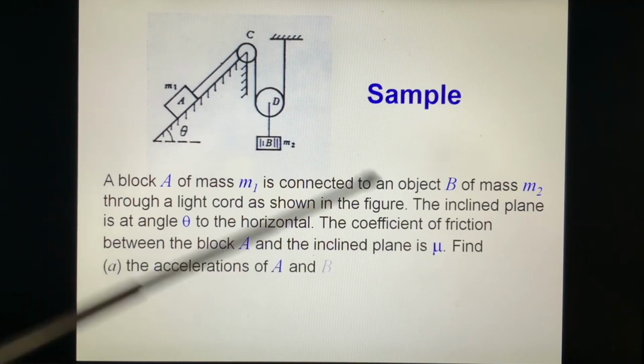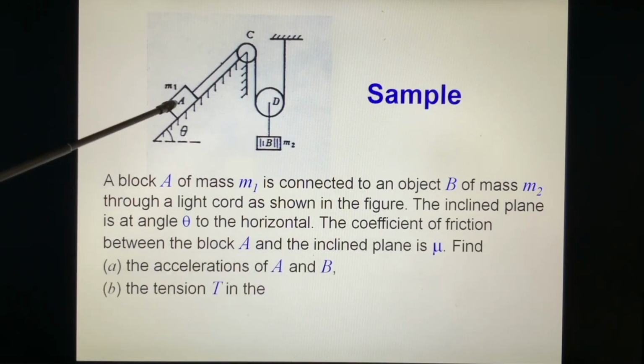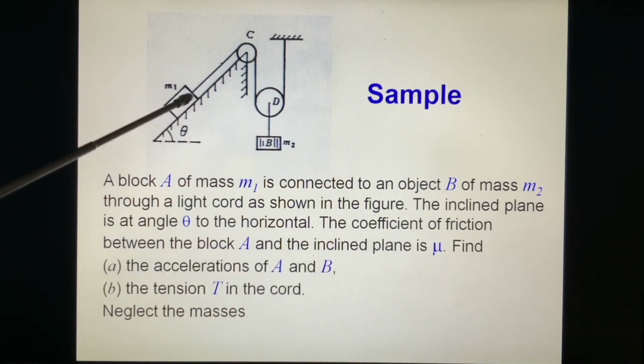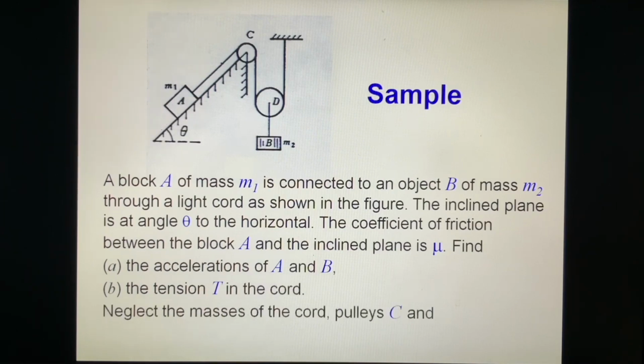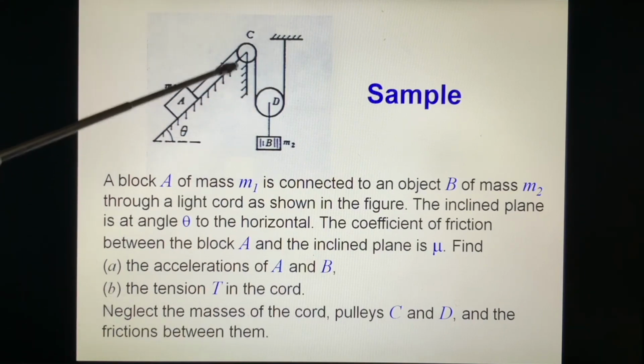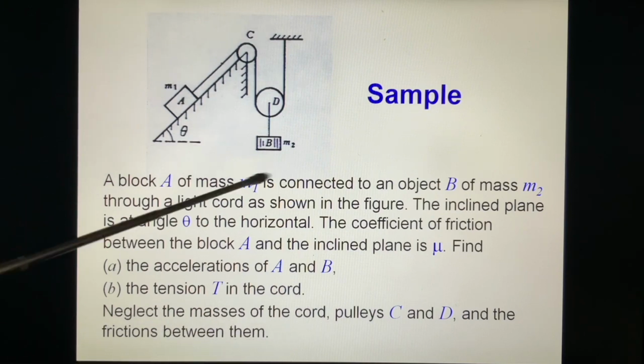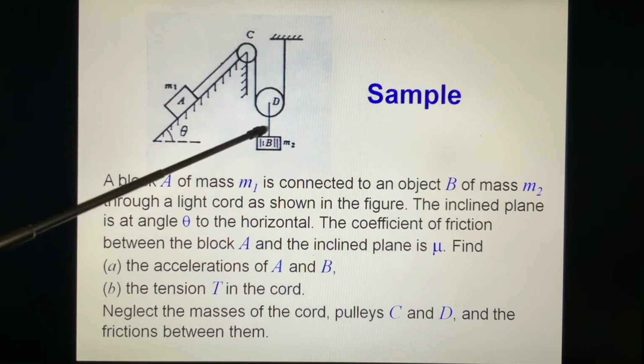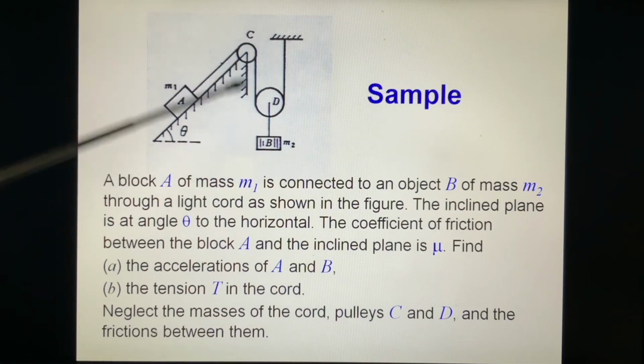The coefficient of friction between the block A and the inclined plane is mu. Find A, the accelerations of A and B, and B, the tension T in the cord. Neglect the masses of the cord, pulleys C and D, and the friction between them.